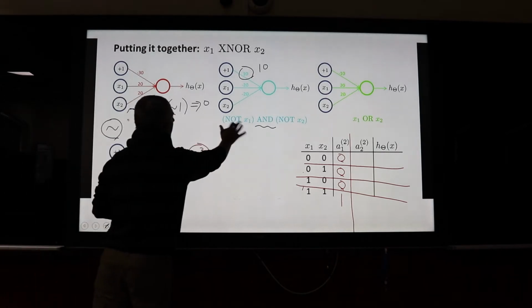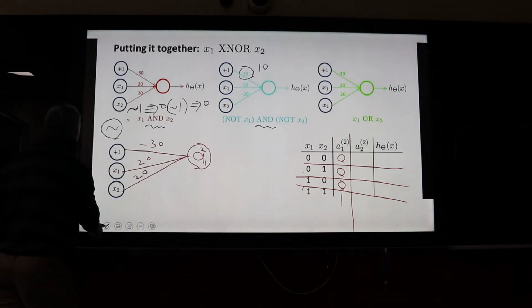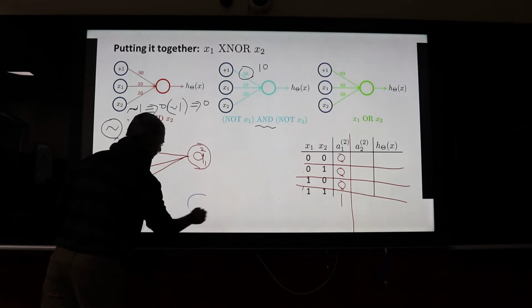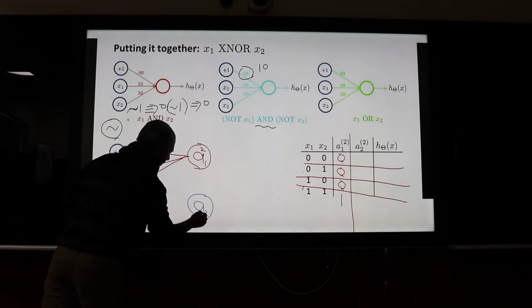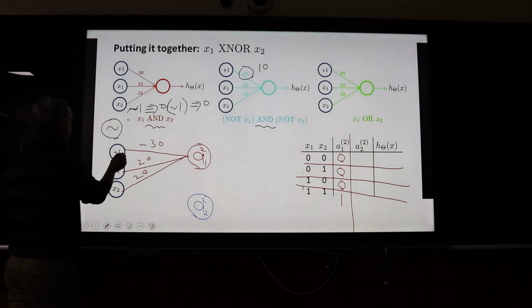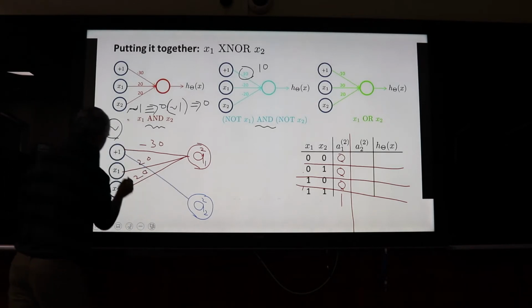For this negation case, we are considering the second activation function of the second layer. So the path here, let me take this.